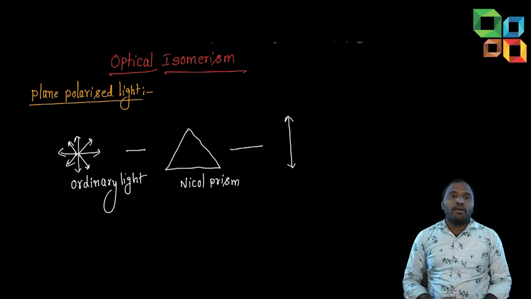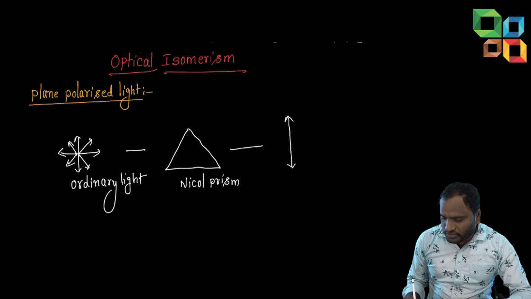This is called plane polarized light. What is the function of the nicol prism? It converts ordinary light into a single plane. So this is called plane polarized light.